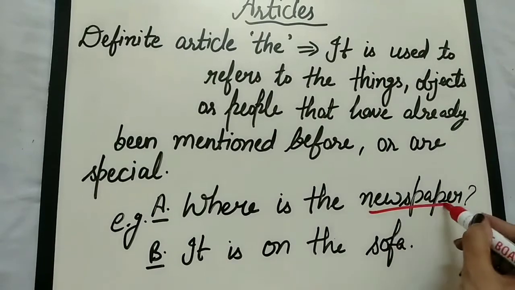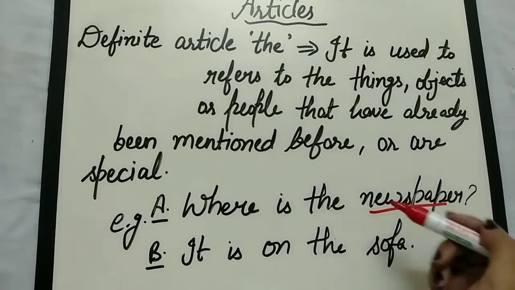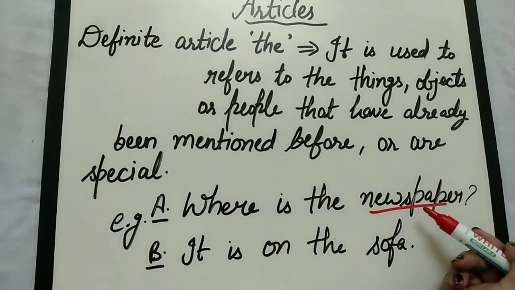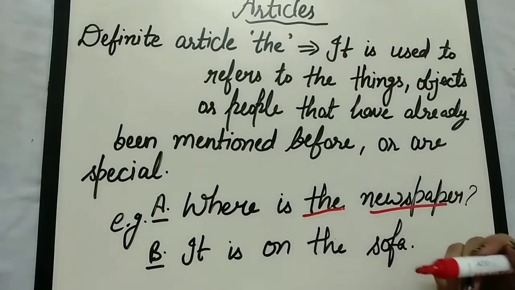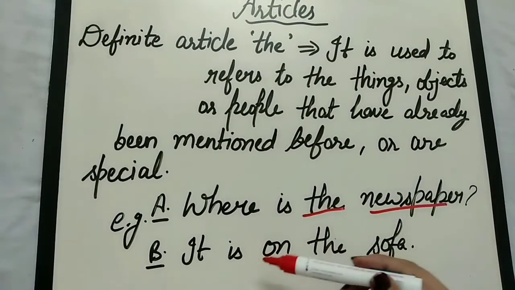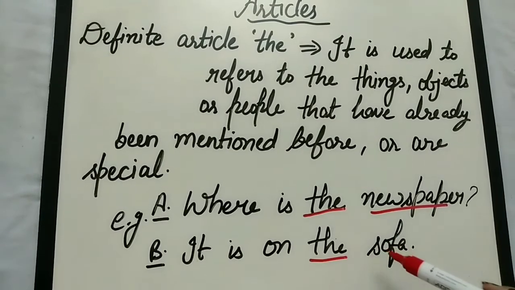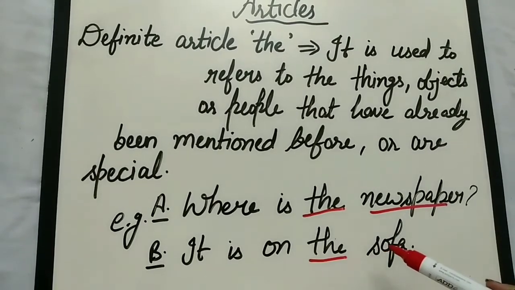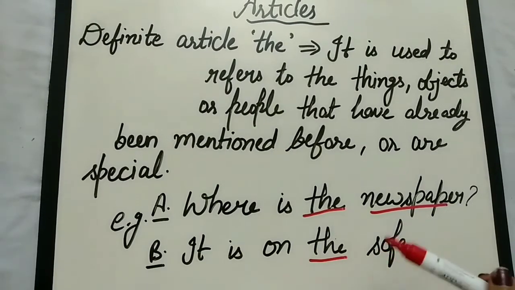Newspaper is a noun, and the person whom the question is being asked is already familiar with this noun, newspaper. So the definite article the is used before that noun. Similarly, it is on the sofa, meaning sofa is already familiar, and that's why the is also used.